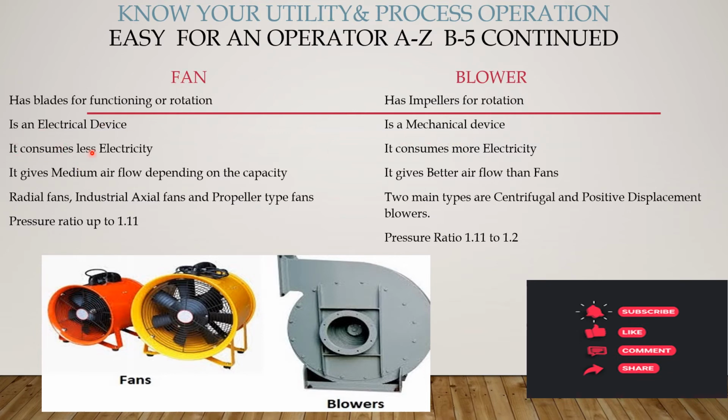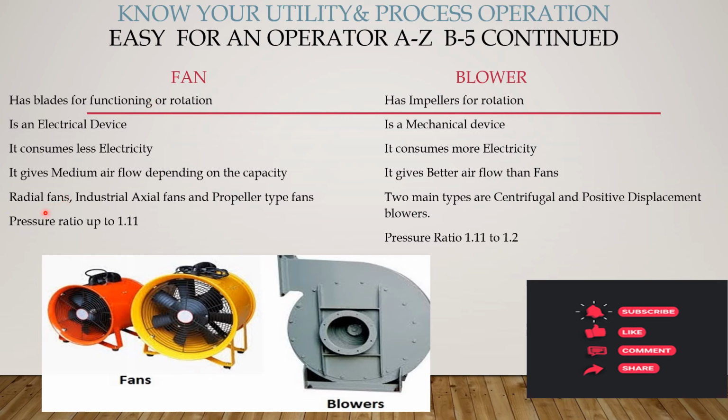Normally, a fan consumes less electricity, so current consumption and power consumption will be less, whereas a blower consumes more electricity. A fan gives medium airflow depending on the capacity, whereas a blower gives better airflow than a fan. More flow will be there.